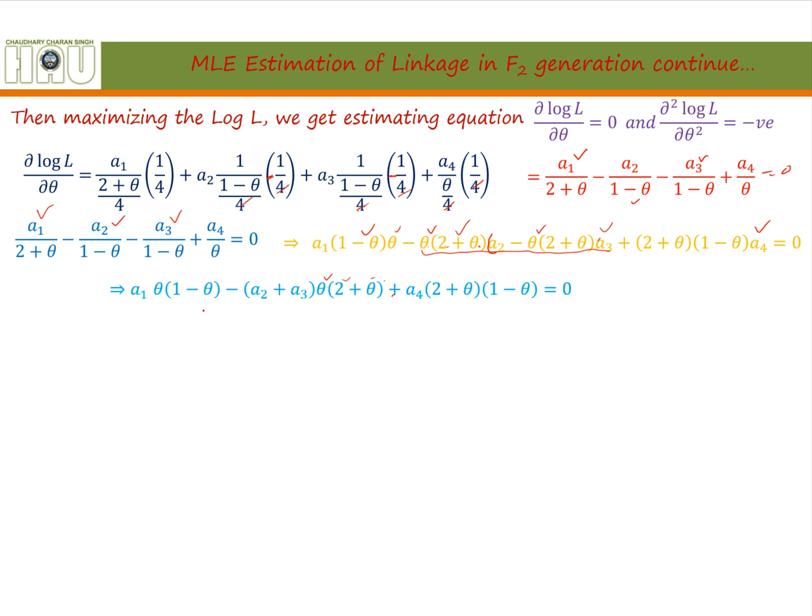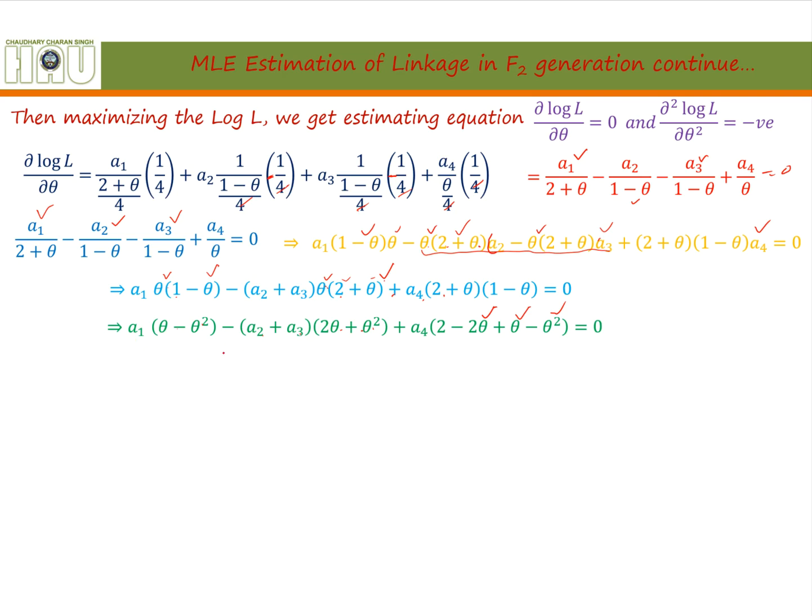Now I just multiply this theta with all these terms. So I will get a1 into theta minus theta square, minus a2 plus a3 into 2 theta plus theta square, a4 into 2 minus 2 theta plus theta minus theta square is equal to 0.